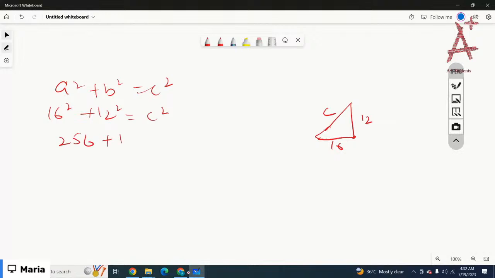256 plus 144 equals c square. 6 and 4 is 10. 5 and 4 is 9, 10. 2 and 1 is 3, and 4. It would be c square equals 400.